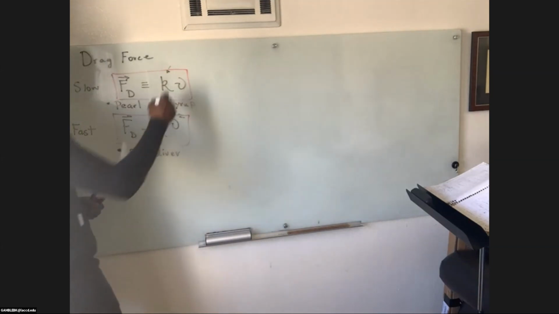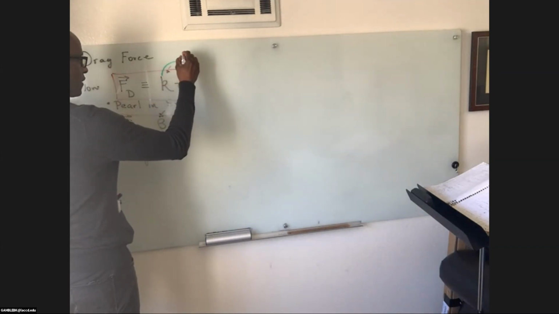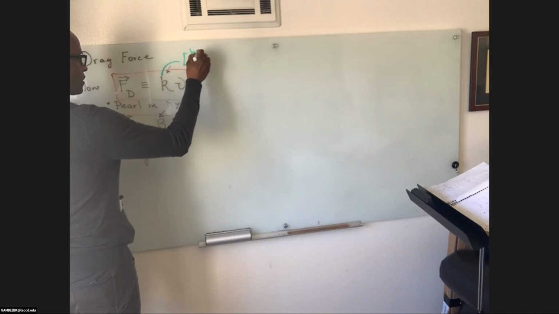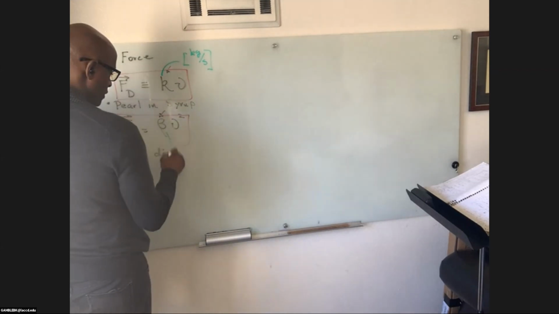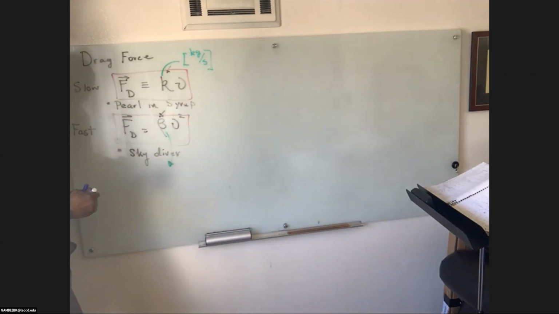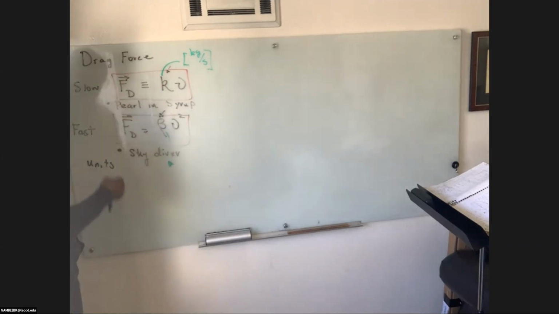And you can work that out. So this one has to have units of kilograms per second, whereas this thing would have to be kilograms per meter. In fact, let's work this one out as an example in terms of the units. You can go back and do the same thing, verify for yourself that this is true.